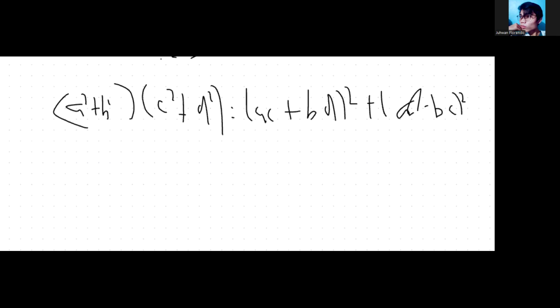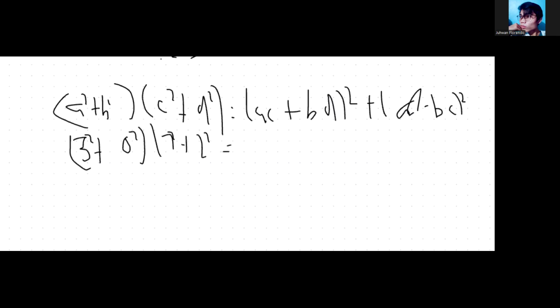So let's substitute. Our a is 3, so 3 squared plus our b is 0, 0 squared, times c is 1, 1 squared plus d is 2, so 2 squared. Now substitute it in our formula.